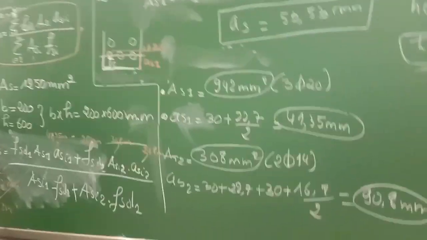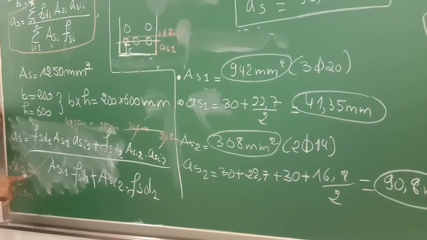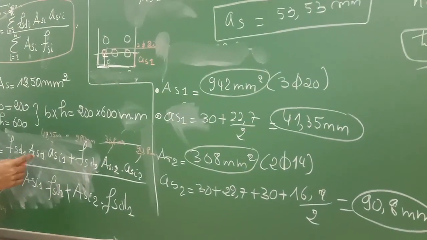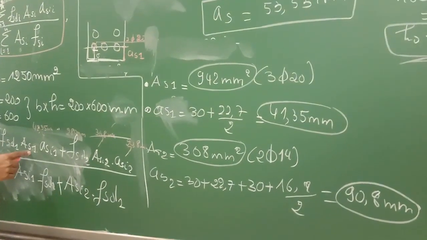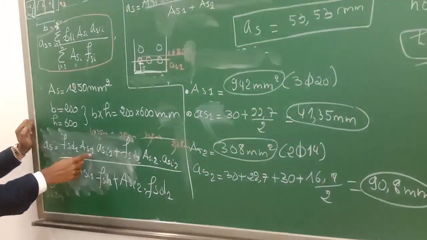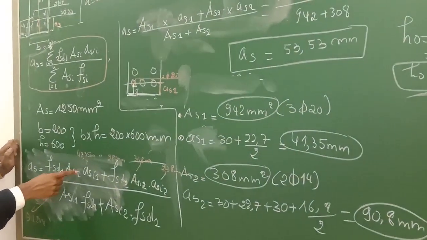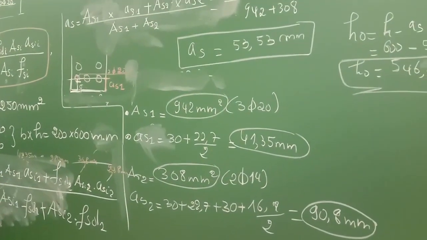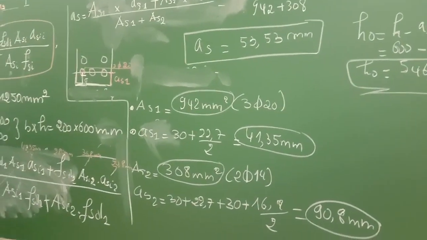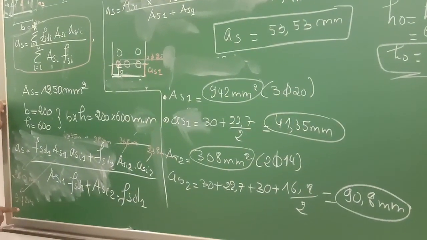So 280. AS1 is the area of cross section of the steel bar, layer 1. We find it in the book.